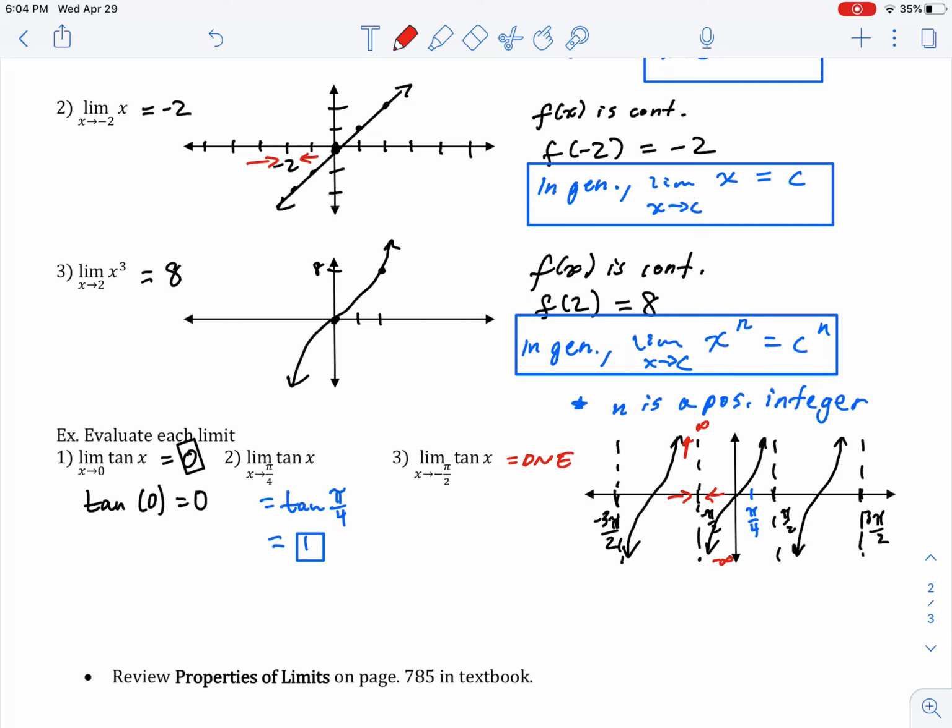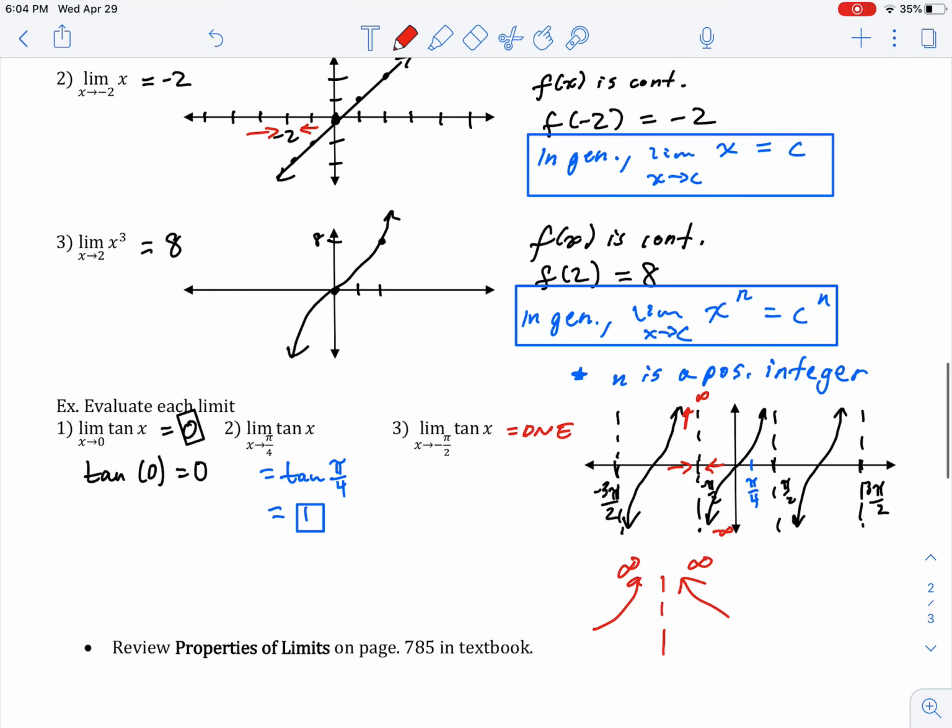But on top of that, even if they did agree with one another, in other words, if you had a graph where both sides were approaching positive infinity or negative infinity, infinity cannot be a limit, right? So for this reason, this limit doesn't exist.